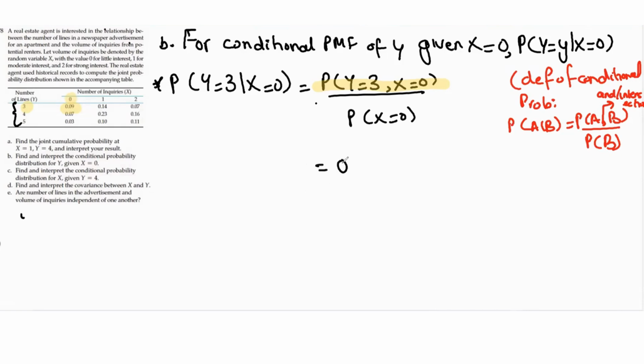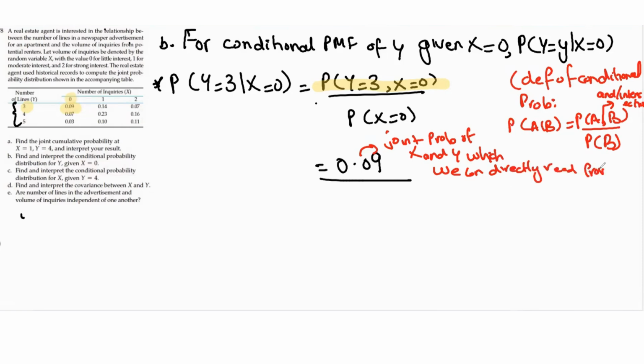Right? So this is basically 0.09 divided by the probability X is 0, which we want to find. Just before that, let's write it over here. This is the joint probability of X and Y, which we can directly read from the joint PMF.